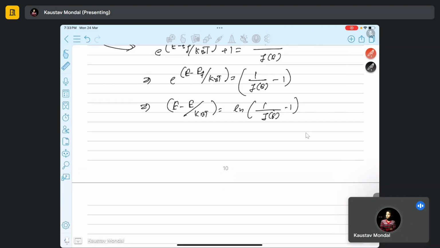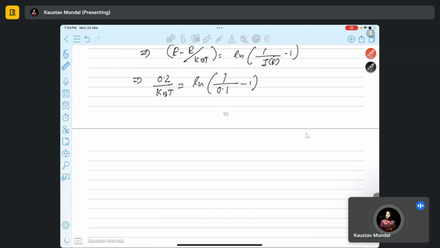F(E) is already known, 0.1, so this is log of (1 by 0.1 minus 1), and E minus EF is already known, that is 0.2 by kBT.